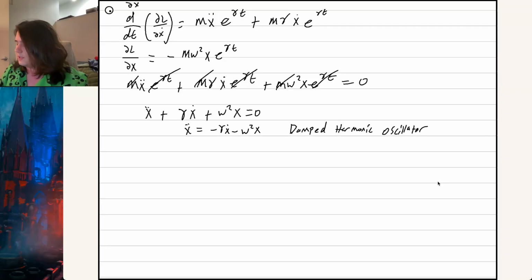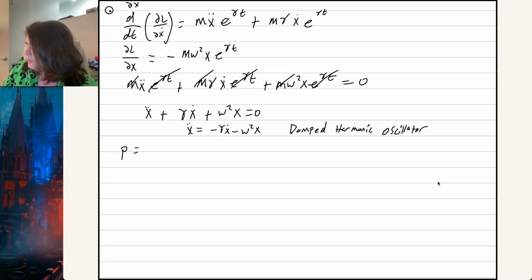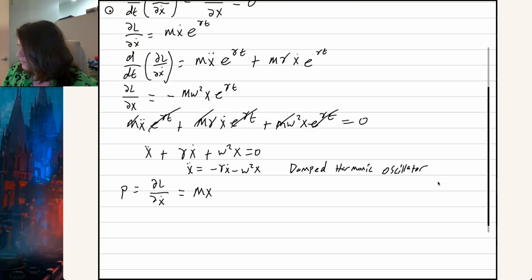Now we need to construct the Hamiltonian first by finding the canonical momentum, which we already kind of did. The canonical momentum is the same as the partial derivative of the Lagrangian with respect to x dot, which we found was that term up there, m x dot times e to the gamma t.